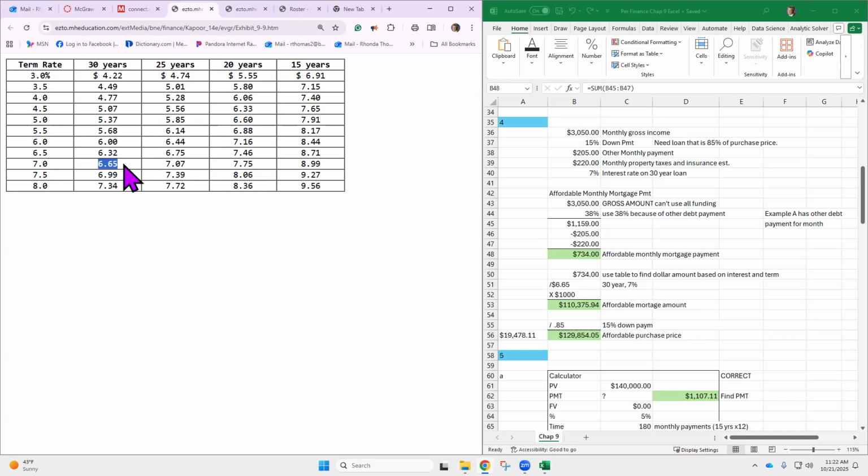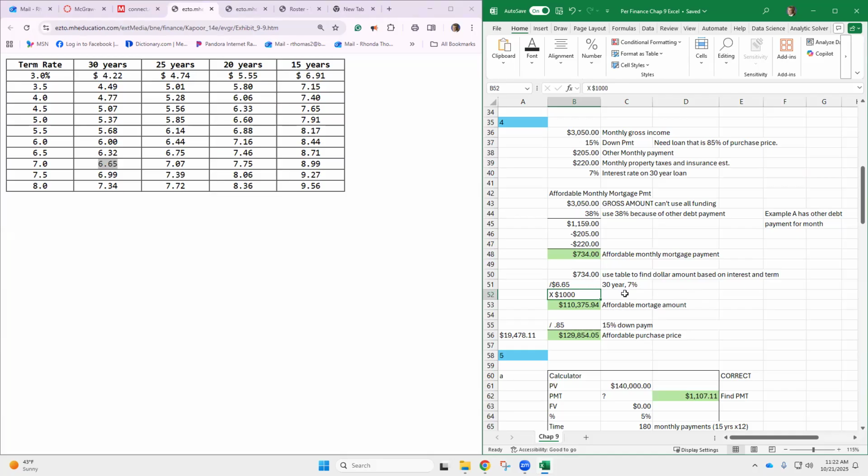So we have a factor of 6.65. We're going to take our affordable monthly mortgage payment, divide by this factor of 6.65, then take it times 1,000.